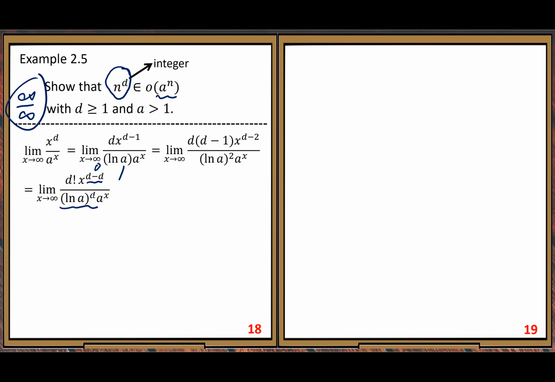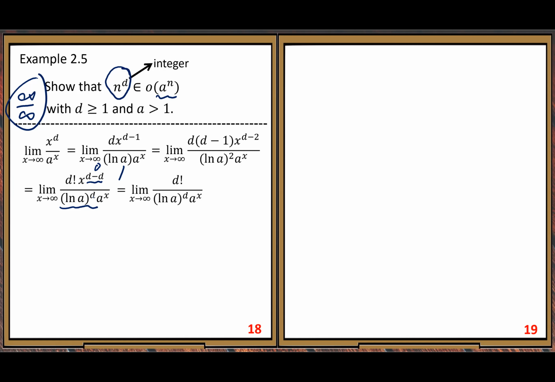So then let's simplify this expression. The numerator is a constant, d factorial. The denominator is the natural log of a to the dth power times the exponential function a to the x. We can see the limit immediately, because the numerator is a constant and the denominator goes to infinity.